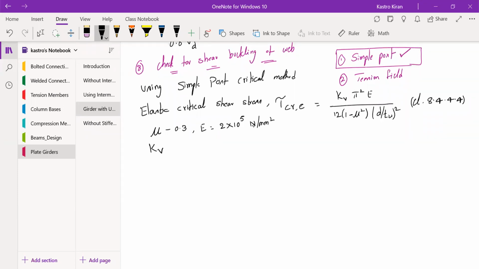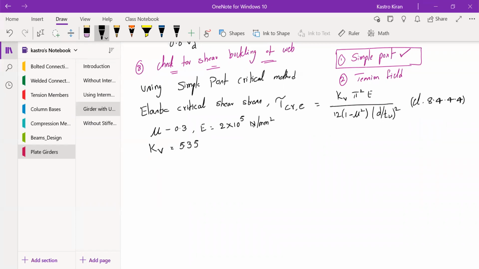Since in our problem we are not going to use the intermediate transverse stiffeners, the value of kV equals 5.35.